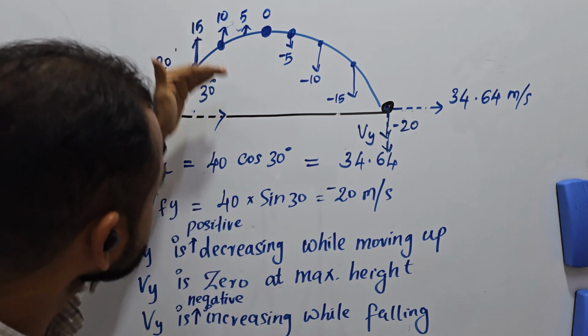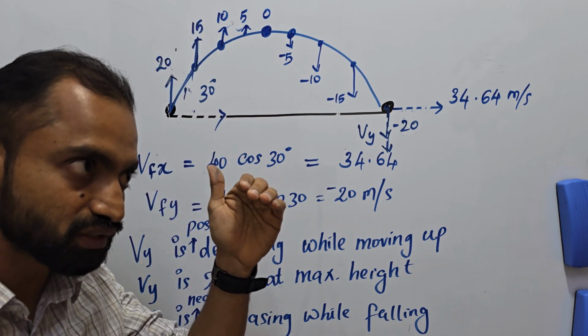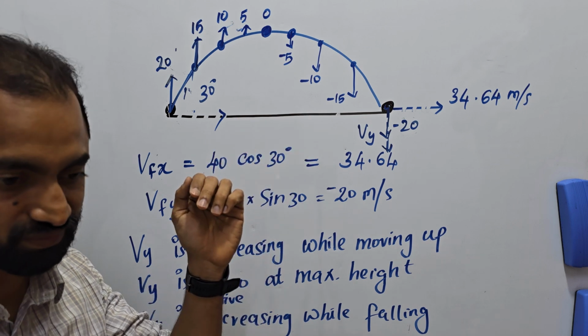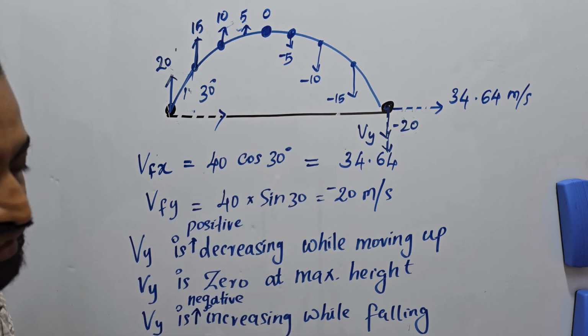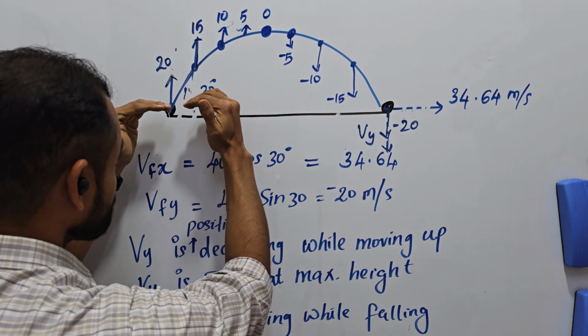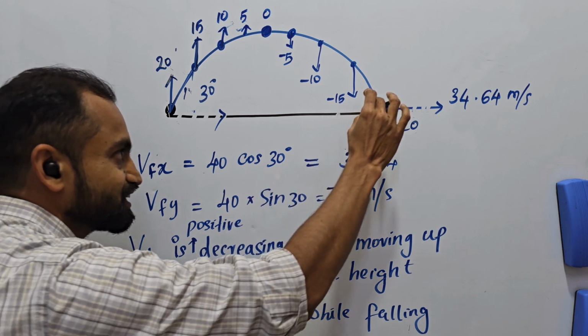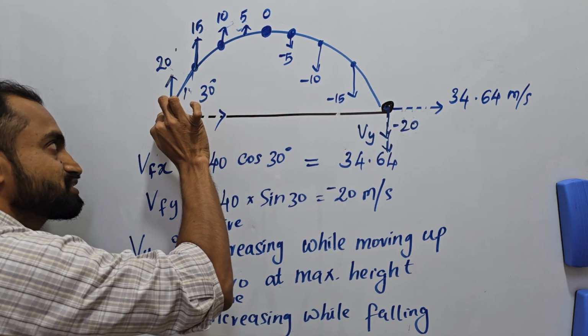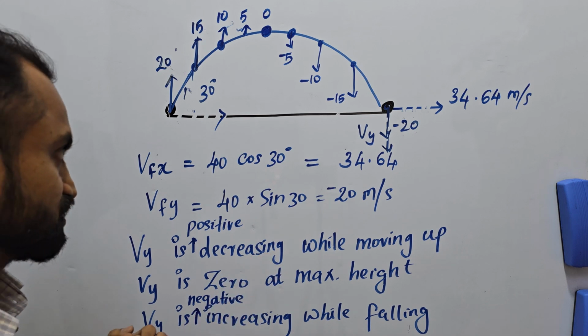Height from the ground is increasing, so potential energy increases. The decrease in kinetic energy equals the increase in potential energy. When it starts from here, potential energy is 0, it has only kinetic energy.